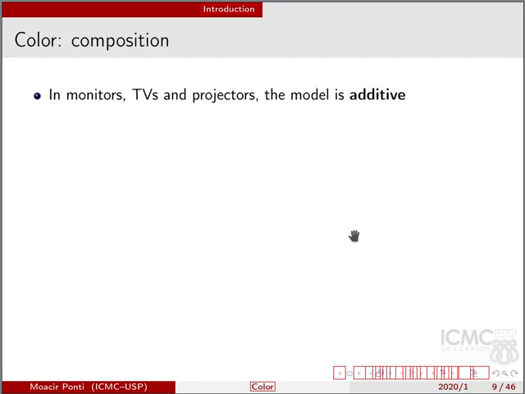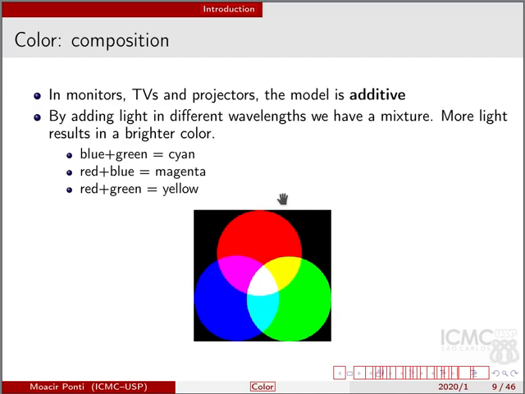In monitors, TVs, and projectors, the model is not subtractive, because what we see are not pigments but direct light. So this model is additive, because by adding light in different wavelengths, we have a mixture of light.